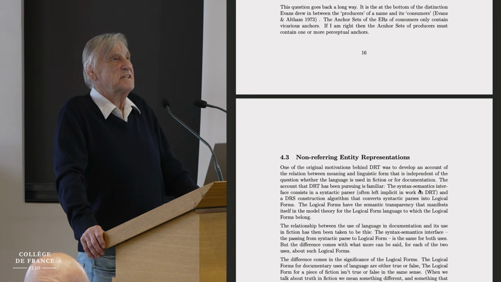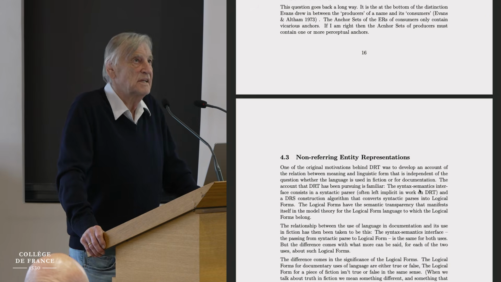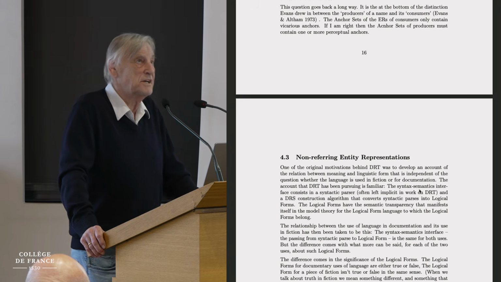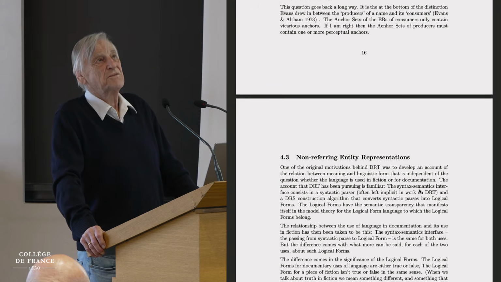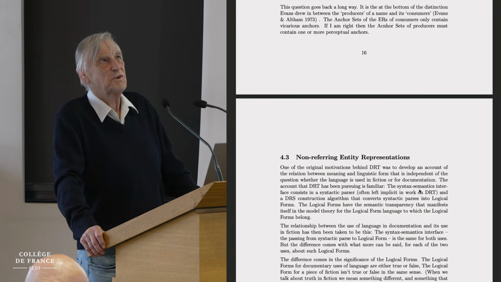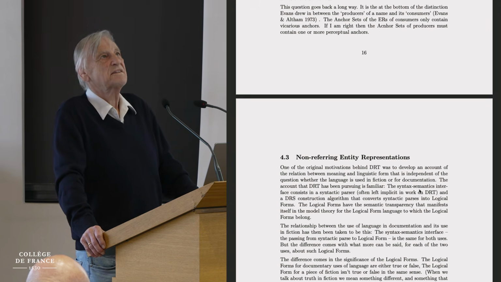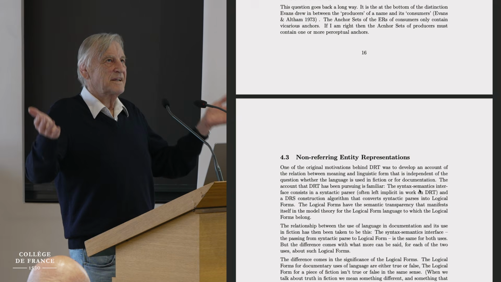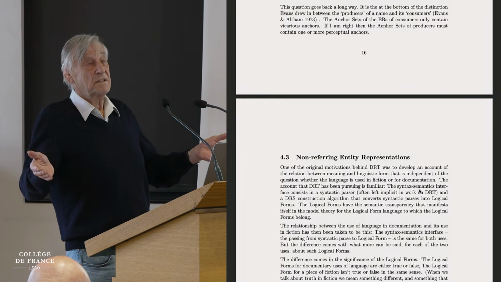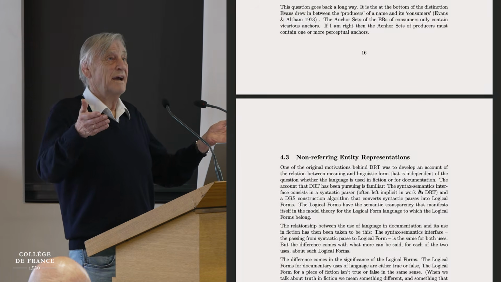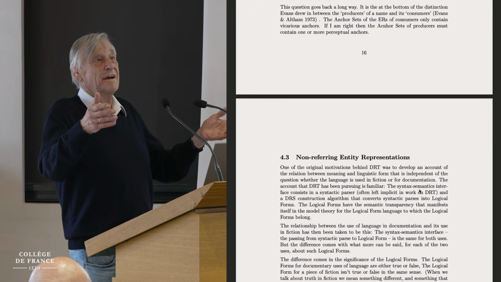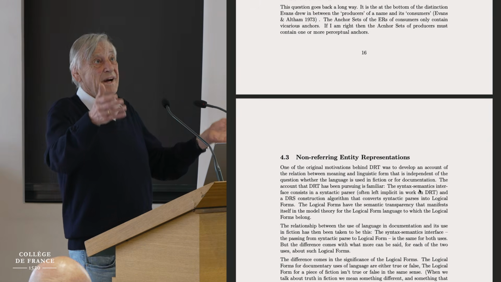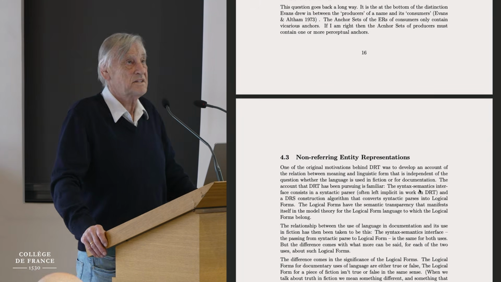But this, of course, is a case where typically the interpreter, the reader of the text, or the person watching the play, or the listener of a story, knows that there are no entities in the world that are actually denoted by the names that are used in the story.